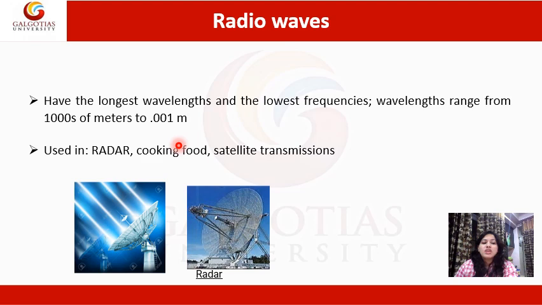In astronomy, radio waves are used to gain information from distant stars using radio telescopes. Radio telescopes have the advantage that radio waves are not blocked by the condition of Earth's atmosphere as light waves are. Radio waves are used in radar, cooking food, and satellite transmissions.